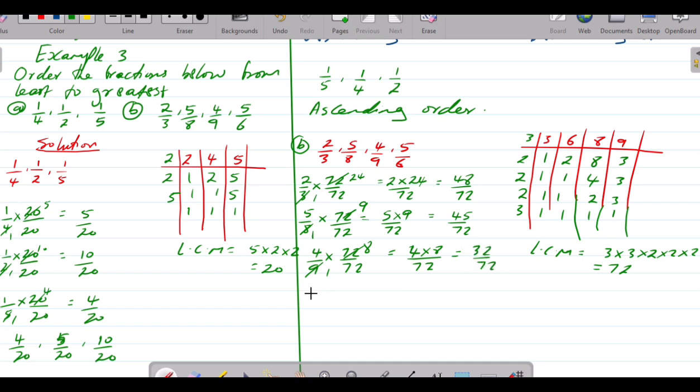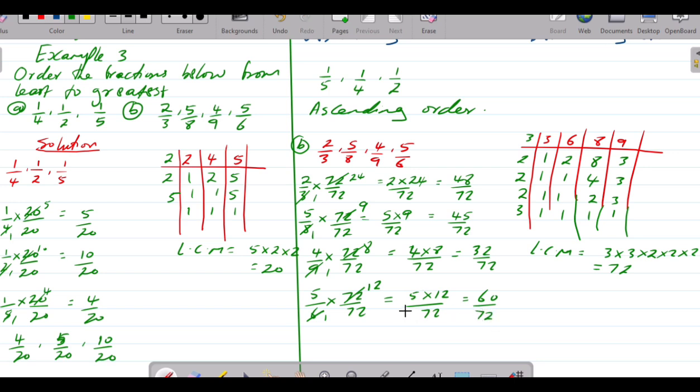The next one, which is 5 over 6 multiplied by 72 over 72. So 6 in 6 is 1, and 6 in 72, that is going to give us 12. So we have 5 times 12, that would be 60. 60 over 72 now is going to be our answer.